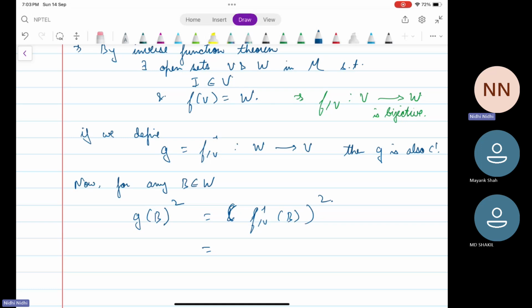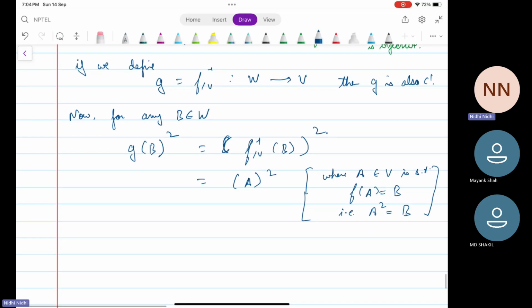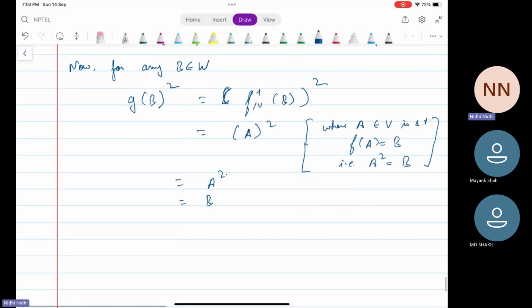This is equal to A square, where A belonging to V is such that F(A) is equal to B. That is, A square is equal to B. Therefore, we get G(B) square is equal to B.